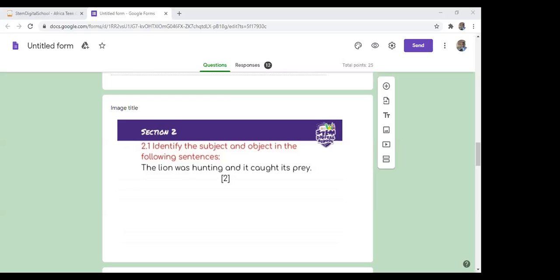Okay, so if you didn't write this and you still want to write, please send me your email address. I'm going to need your email address.